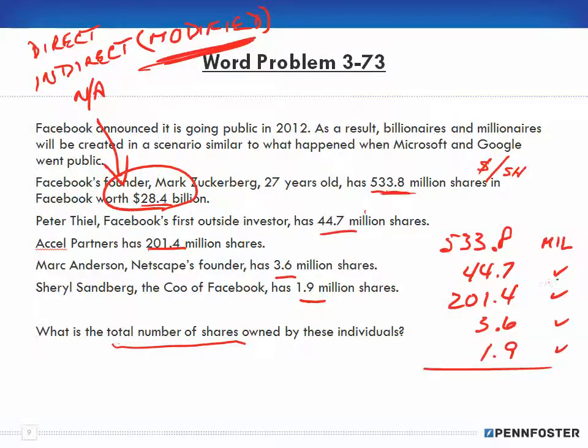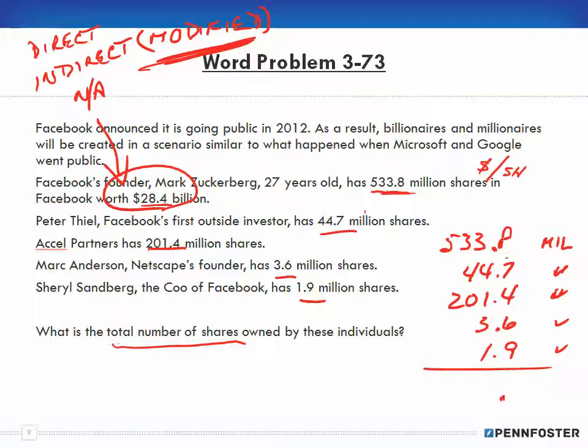I use a check mark. I could have put a double quote, which indicates that you're repeating what's exactly above it, or I could have written MIL, MIL, MIL, MIL for the millions, but it's just my quick little way of doing it.